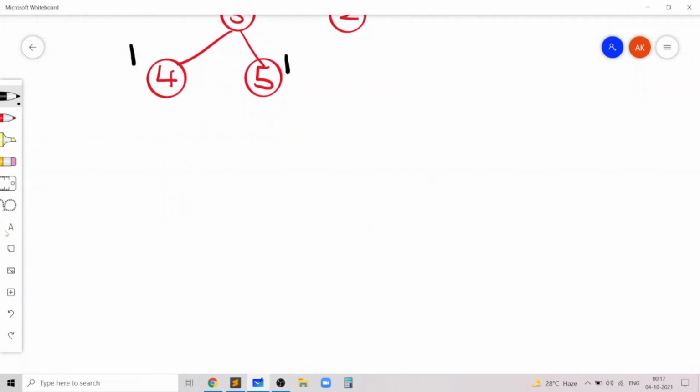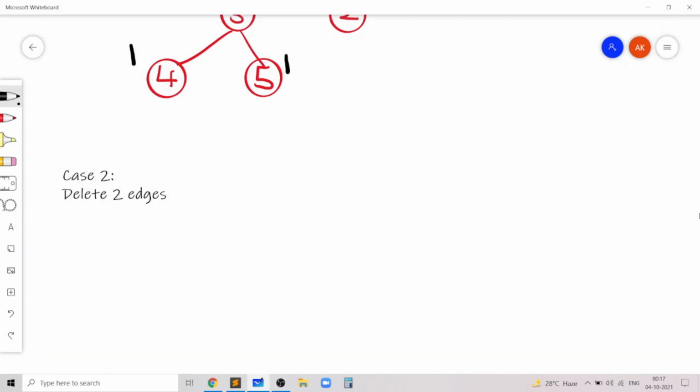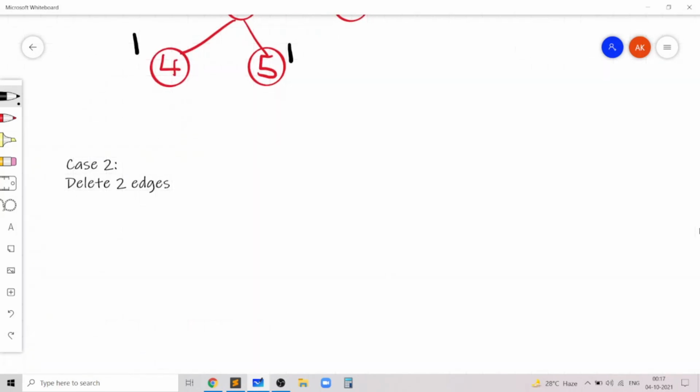Now the second case is when we delete two edges. The reason why we choose to delete only two edges and not more than that is because if we delete more than that, then each connected component formed will have a XOR equal to each other, and we can actually merge some of those connected components into just three connected components.